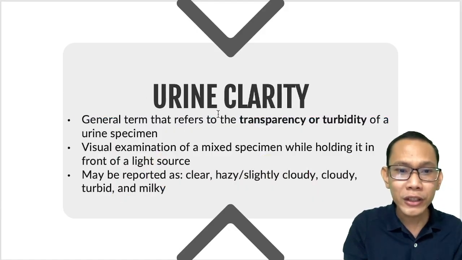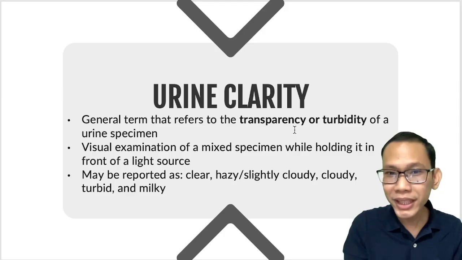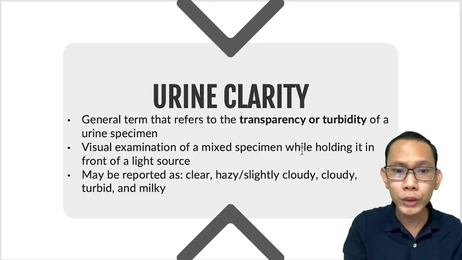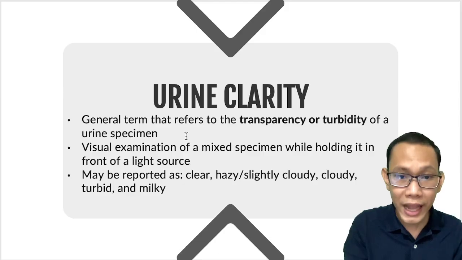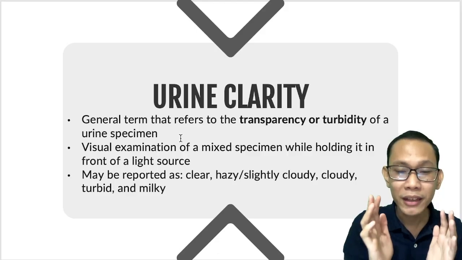In terms of the urine clarity, this is a general term that refers to the transparency or turbidity of your urine specimen. So, visual examination of a mixed specimen while holding it in front of a light source. As long as you can clearly see your specimen, it is okay.